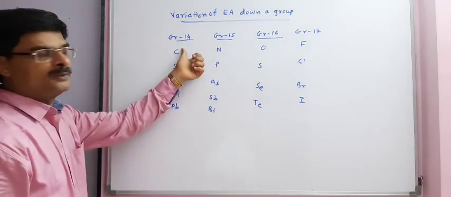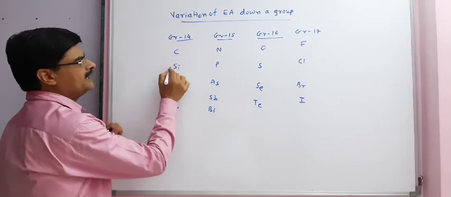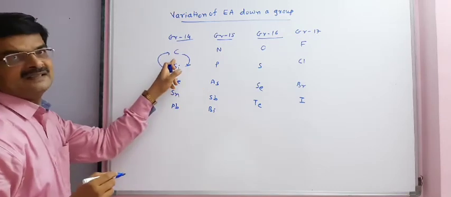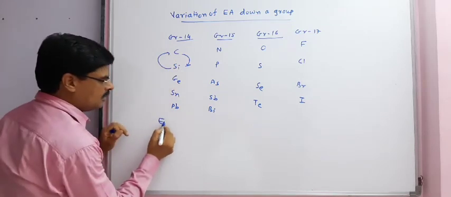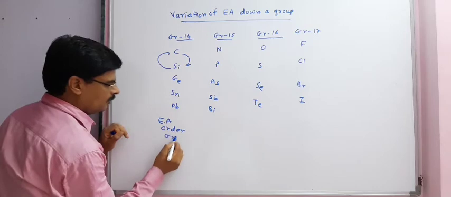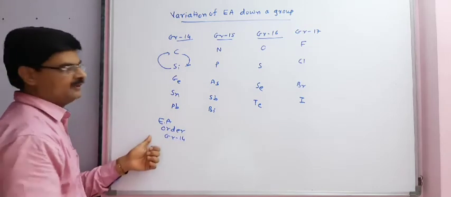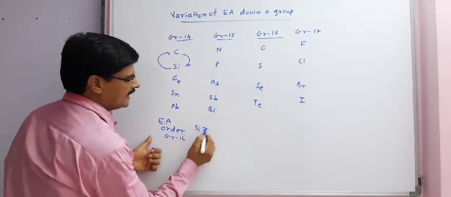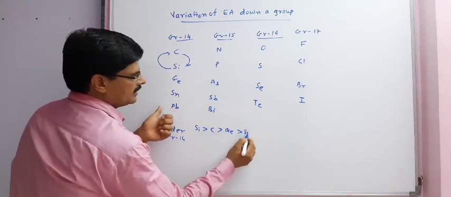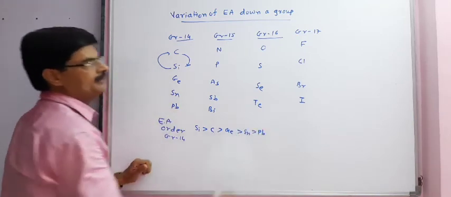For group number 14, electron affinity order is changed from carbon and silicon. So electron affinity order for group number 14 elements we can write Si > C > Ge > Sn > Pb.